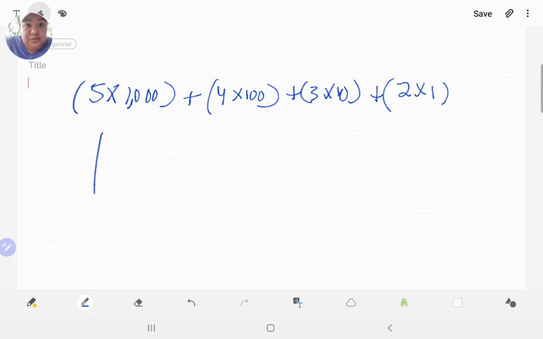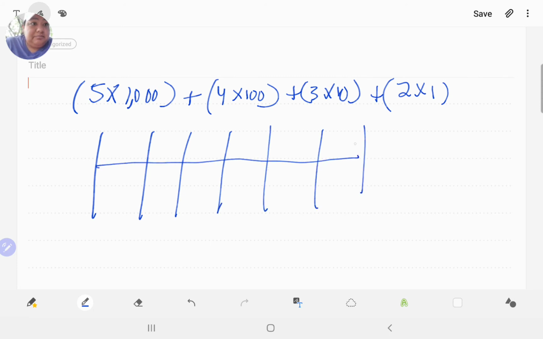I want you to do your place value chart. Ones, tens, hundreds, thousands, 10,000, 100,000. And you're going to put the value for each one on top.